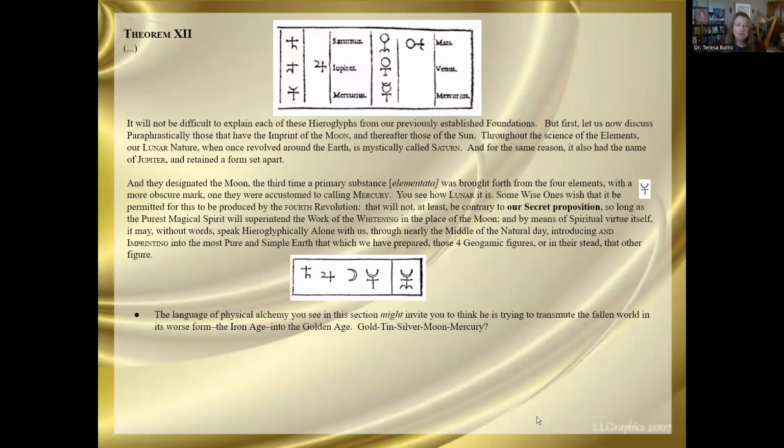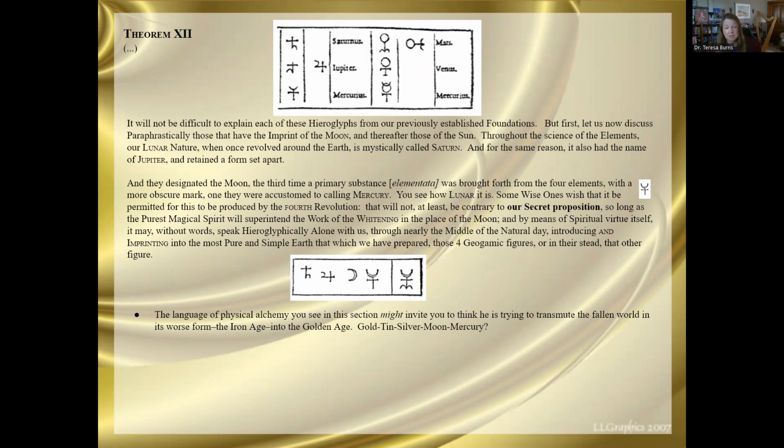The language of physical alchemy that you see in this theorem might invite you to think he's trying to transmute the fallen world in its worst form, the Iron Age, into the Golden Age, and that is what this drawing at the bottom is, that these symbols associated with planets will link to the four ages. There are some problems because you don't have the sun and the moon. The sun would be gold, right?